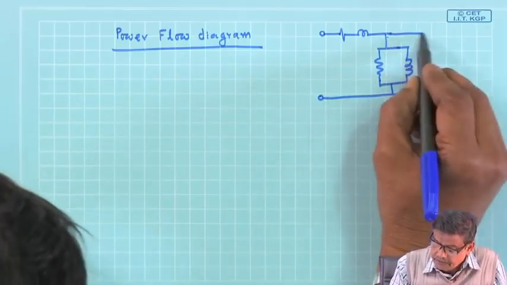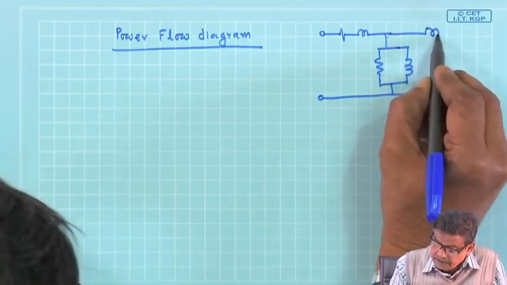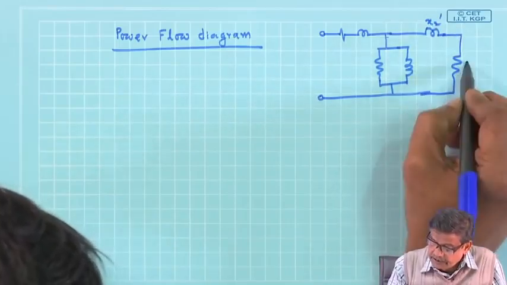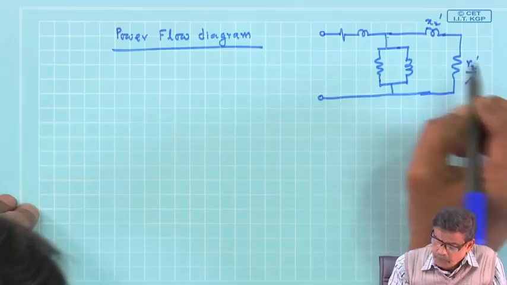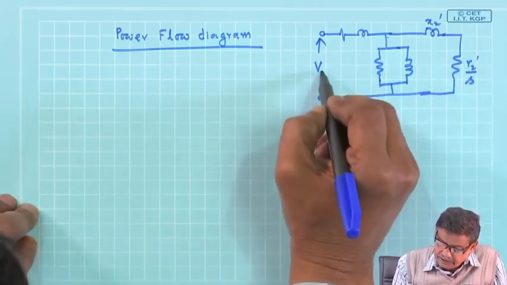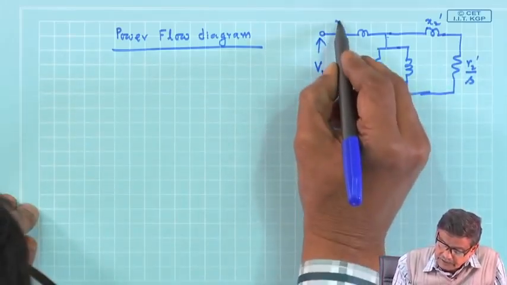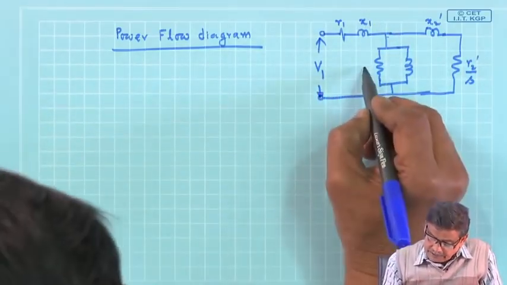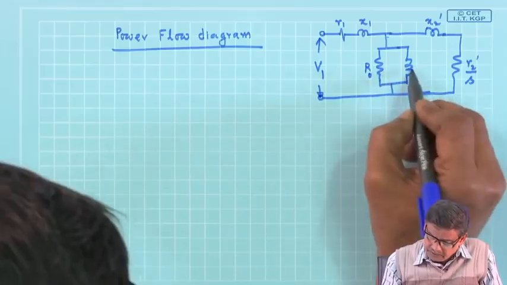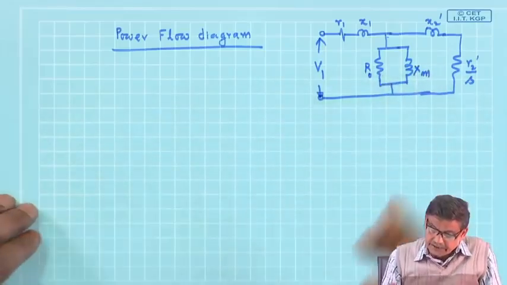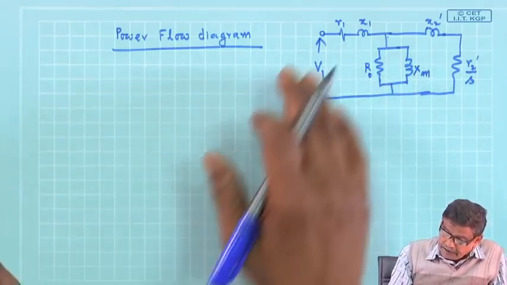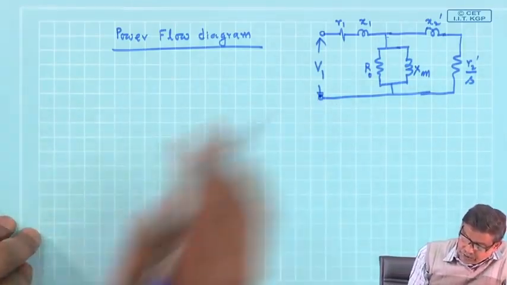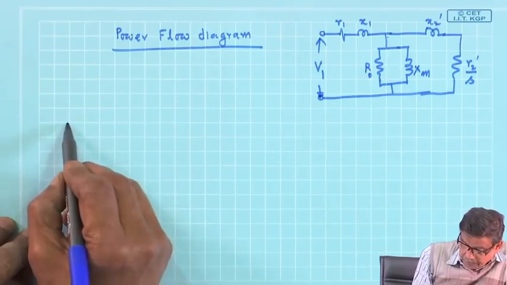Last time we were doing this, and this is X2 dashed and this is R2 dashed by S. This is a more exact equivalent circuit. This is the applied voltage, this is R1 X1, all parameter values are there, and this is R naught and Xm, the magnetizing branch. Now, in this case, if I strictly go by this, I should draw the power flow diagram in this way.